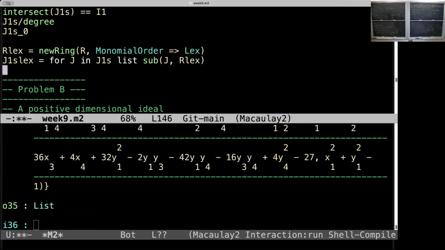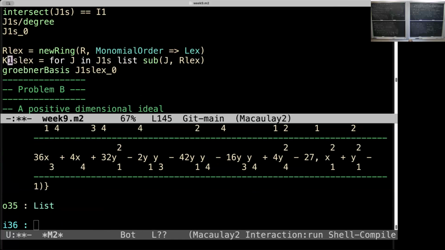And now what we can do is compute a Gröbner basis of each of those and see how far we've gotten. So we can do a Gröbner basis of J1s Lex underscore 0. That's the first ideal. Maybe I shouldn't have called it something so awful.